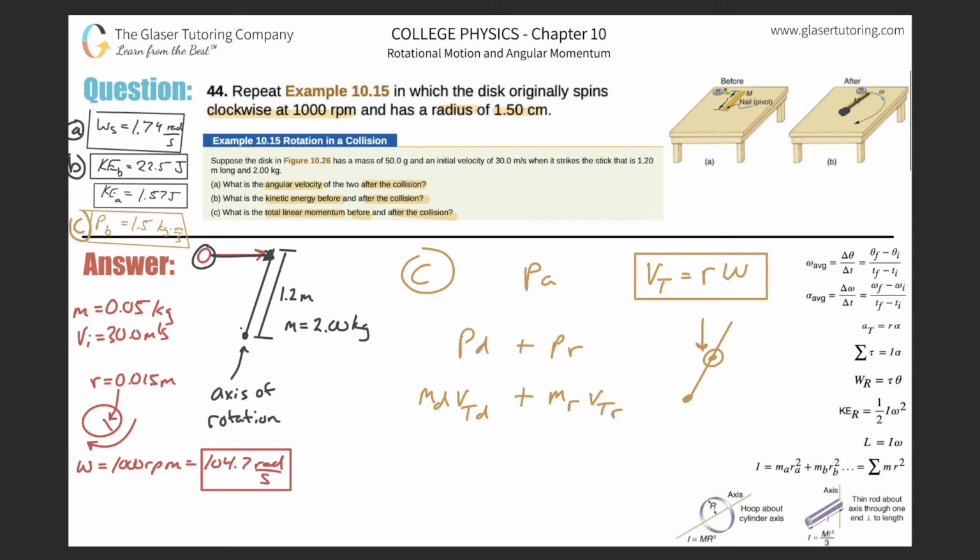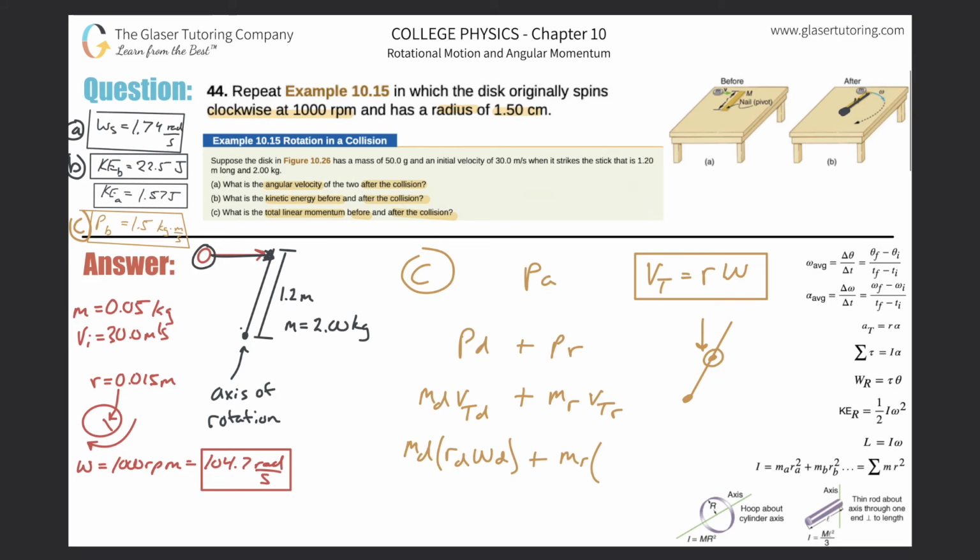So the mass of the disk is 0.05. Let me just do the substitution first. This is going to be the mass of the disk multiplied by the radius of the disk, multiplied then by the angular velocity of the disk, plus the mass of the rod, multiplied by, this is essentially the radius of the rod, but it's not the full length of the rod.